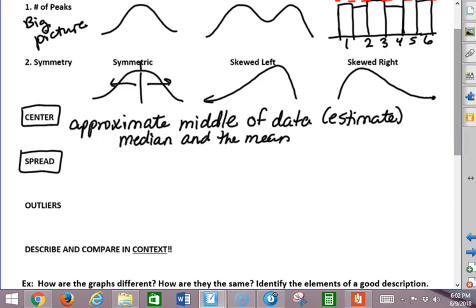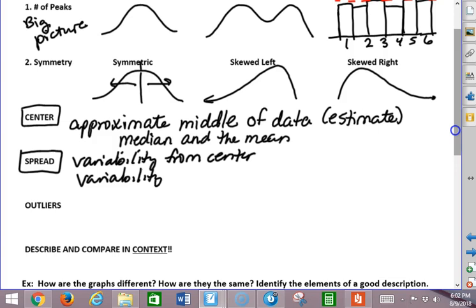Spread is we're talking about variability in the data. So maybe variability from the center, maybe variability from low to high. So either one. Variability from the center we'll talk more about.